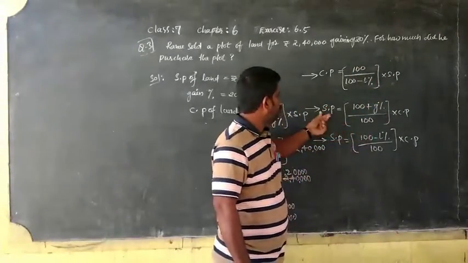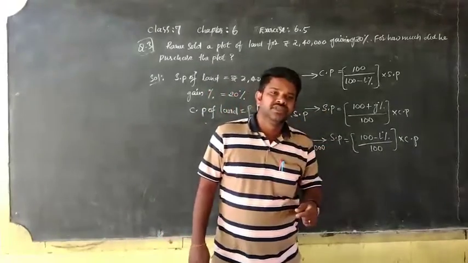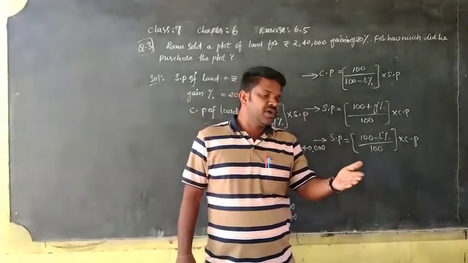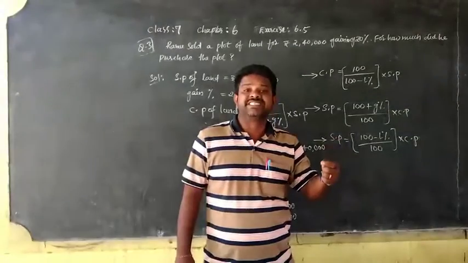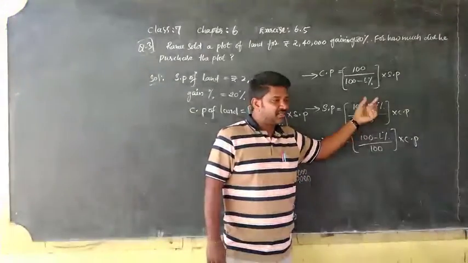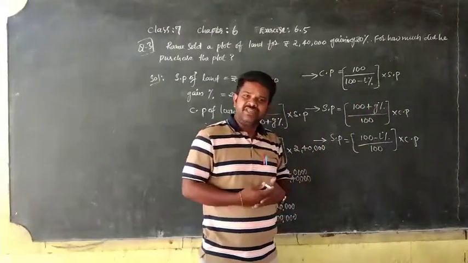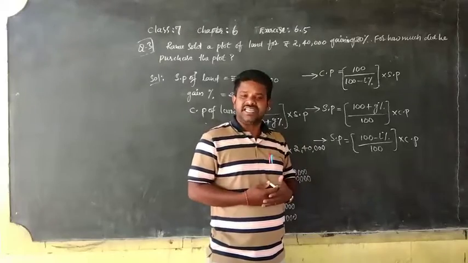And next, to find the selling price, this time from the problem we get the cost price and gain percent. That means when the cost price and gain percent have been given, it is asking us to find the selling price.